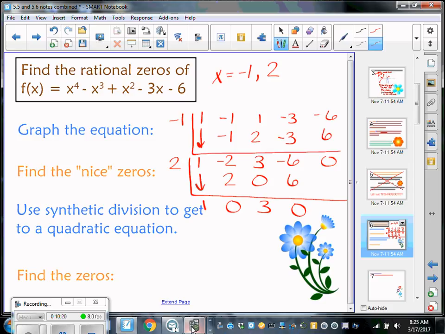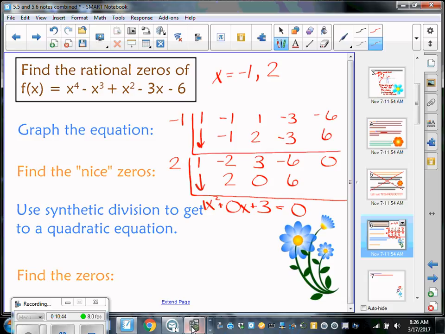Again, I got 0 as a remainder. I know it's a good answer. So if my problem started x to the 4th, and I did synthetic twice, I'm down to an x squared. So let's fill our x's back in now. We have x squared plus 0x plus 3. We'll say equals 0. Got that 0 sitting there.